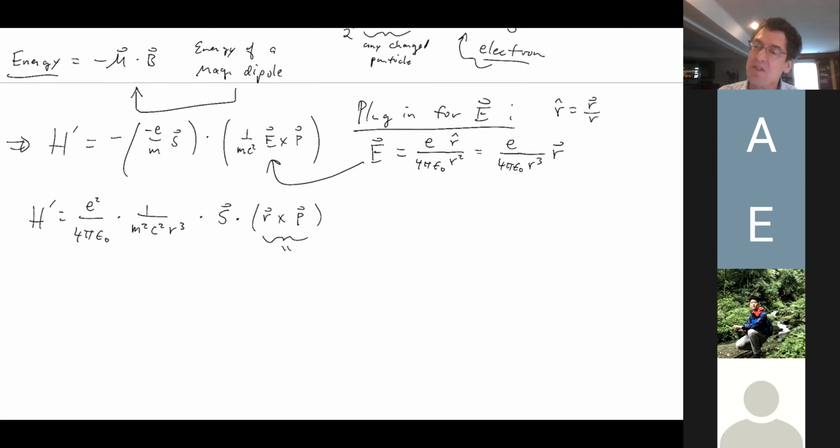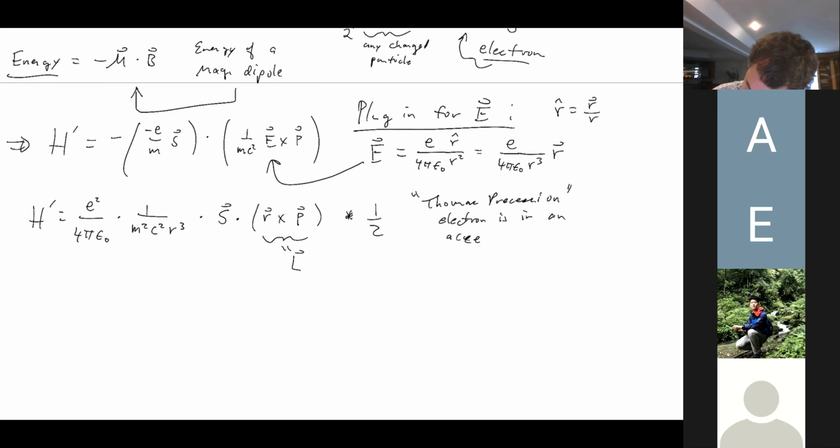Yeah, that's equal to the angular momentum of the electron, L. Also, we have to multiply by a factor of 1/2, which comes from, this is a tricky thing, what we call the Thomas precession term, due to the fact that the electron is in an accelerating frame.